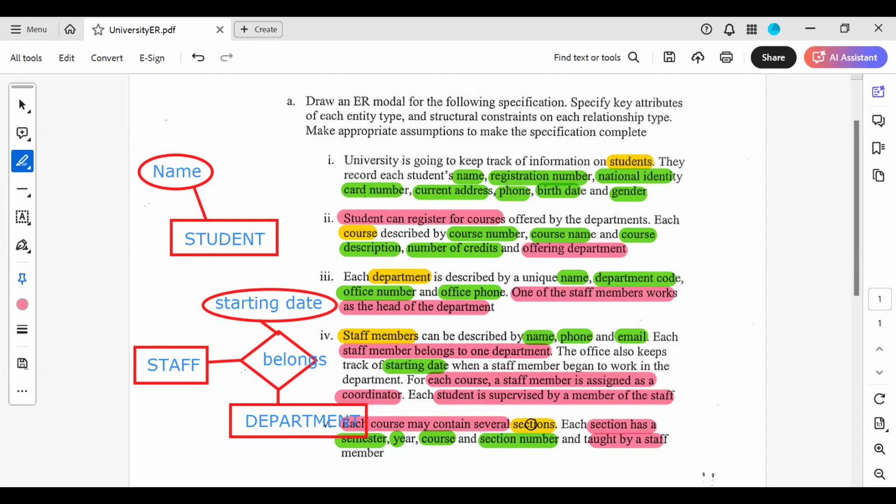I want you to draw the ER diagram using this description, and please submit. Hand drawing is enough, but if you want to use some tool already available, you can use any of the tools, but I'm not going to spend time on that, right? Simple hand drawn submission is enough.